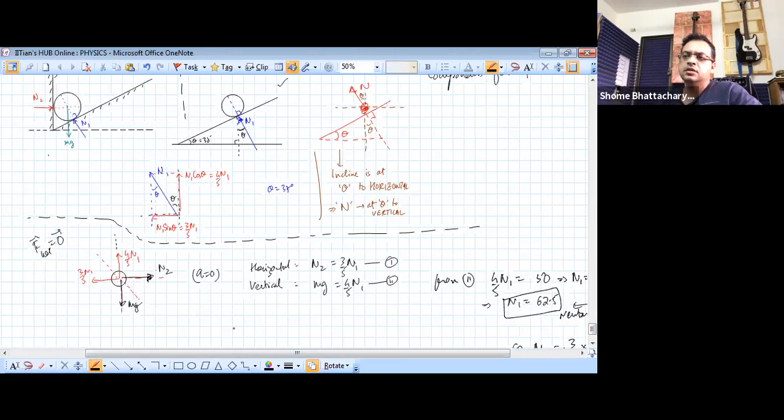Okay, the third diagram. The forces are shown here, but in this diagram N1 has been resolved into components.